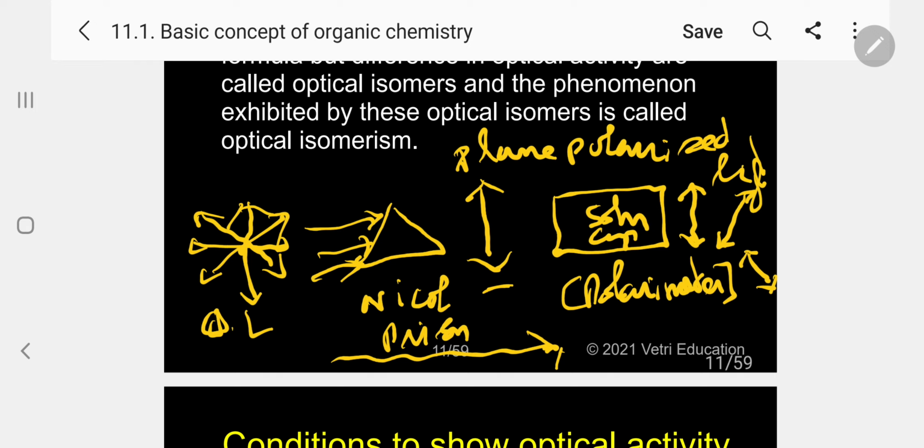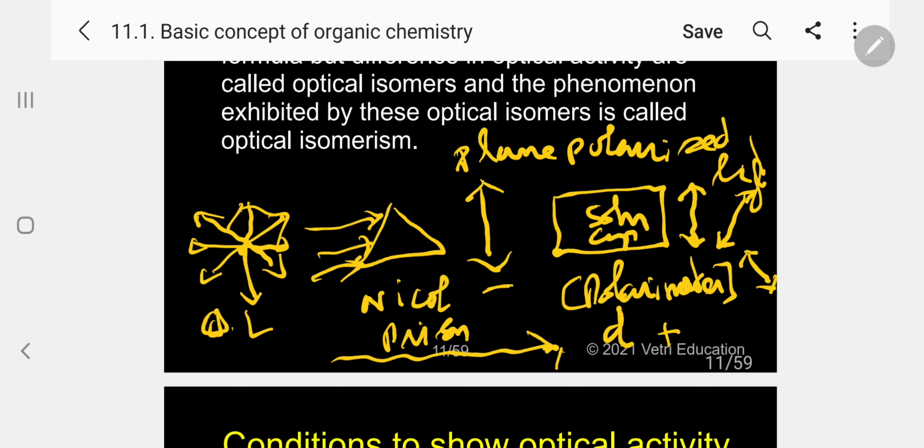After passing out, we have to view the light. Normally, a sodium vapor lamp is used as the light source. If the direction is not changed, the compound is optically inactive. If the direction moves clockwise, then it is dextrorotatory, normally indicated by small d or plus.